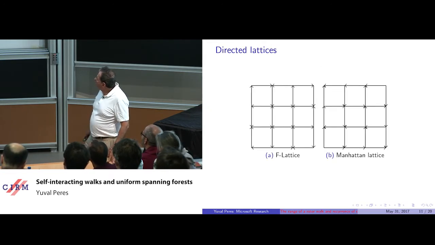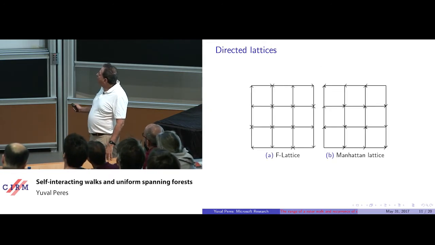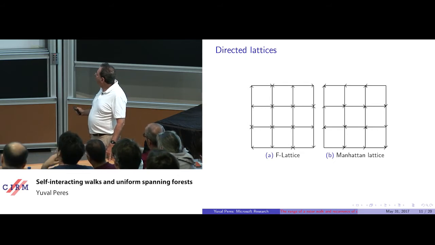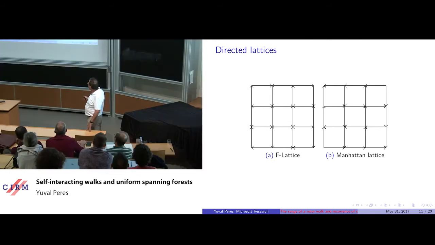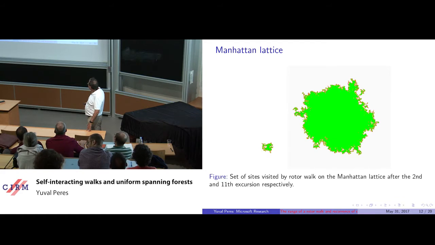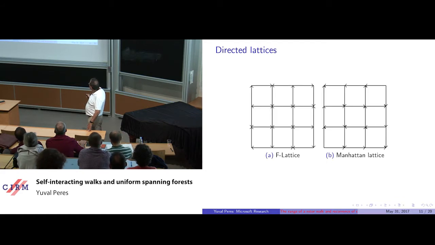Here are two more cases that can be analyzed. These are some directed lattices. This is the Manhattan lattice, where you have one-way streets alternating in direction, right? And this is another variant called the F lattice. Here you see this vertex has two edges going out.